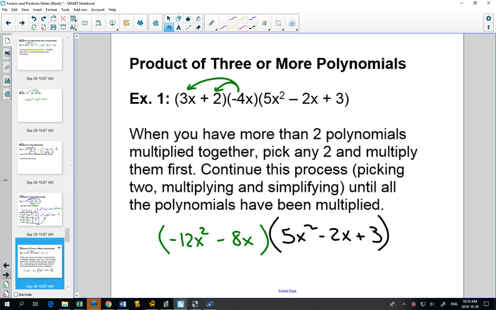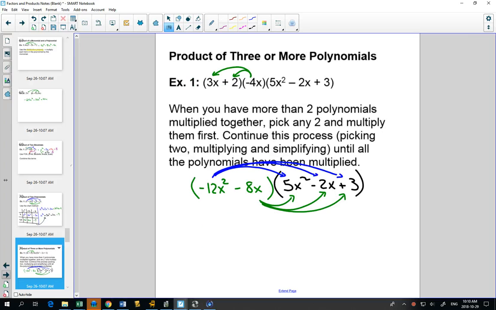So I multiplied those two together first, and now I have these two, which you could either use the chart method or the arrows method. The arrows method says this minus 12x squared would go to each of these. The minus 8x, oh, I used green before, so I'll keep it green, would go to each of those.